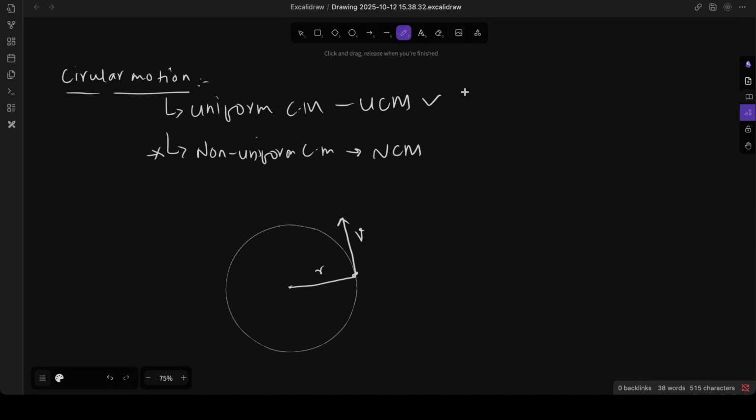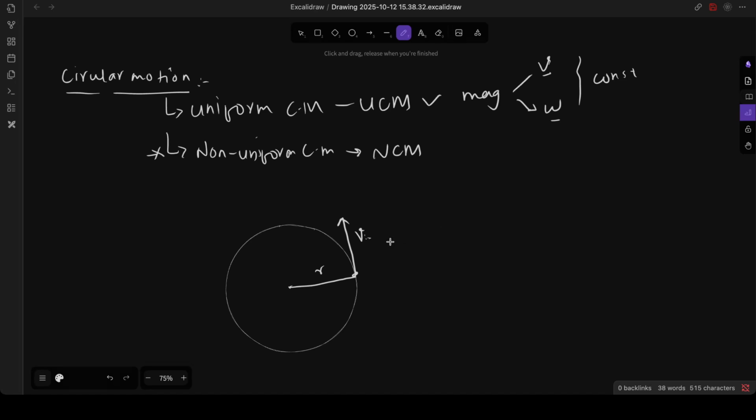So in a uniform circular motion, the magnitude of this tangential velocity and the angular velocity are constant. Just remember that the magnitude of tangential velocity and angular velocity is constant.